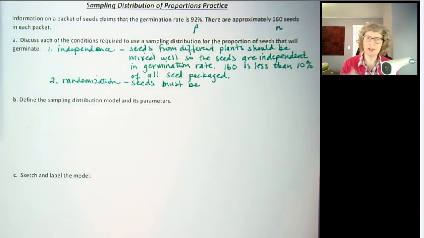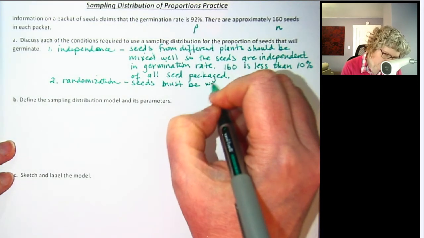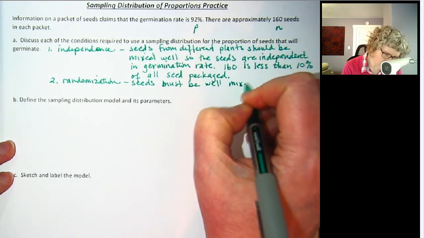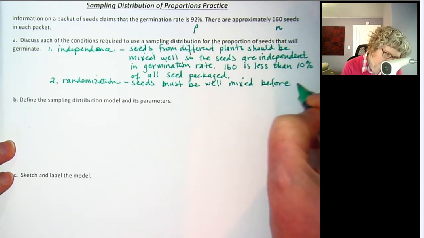So when you're taking a random sample, if you're packaging seeds from this flower in this package, this flower in this package, then again, they wouldn't be randomized, so they wouldn't be independent. So seeds must be well mixed before packaged.